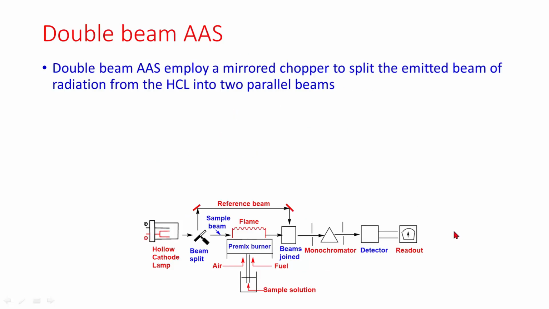Double beam atomic absorption spectrophotometer. This is the diagram of a double beam atomic absorption spectrophotometer. It employs a mirrored chopper to split the emitted beam of radiation from the hollow cathode lamp into two parallel beams.